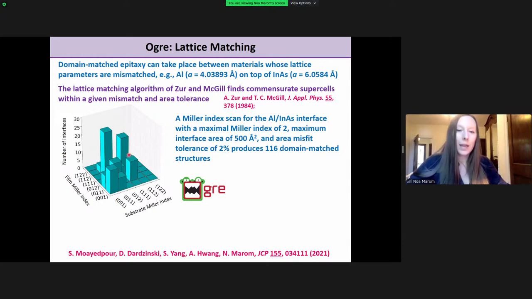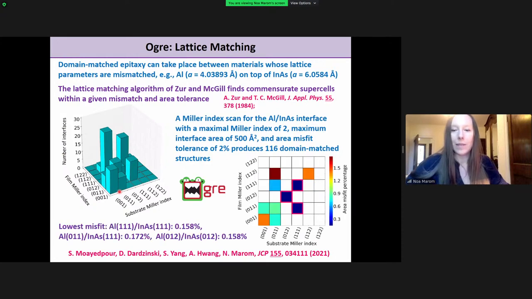So as you can see here, you get a very large number of candidate interfaces with these tolerances, 116 domain match structures. And this graph here shows you the lowest area misfit for each combination of substrate and film Miller indices. And you can see here that 3 combinations are the best.